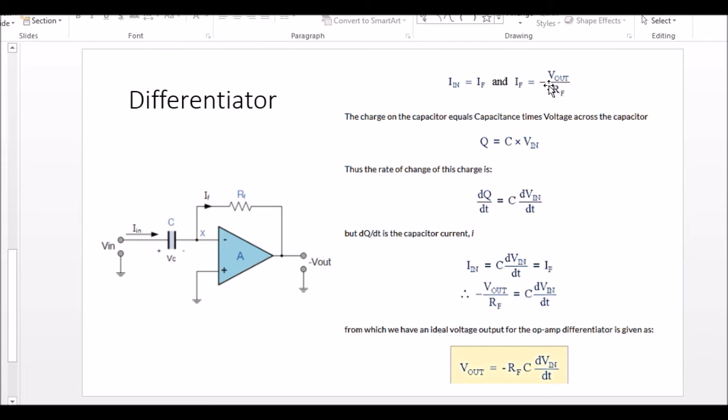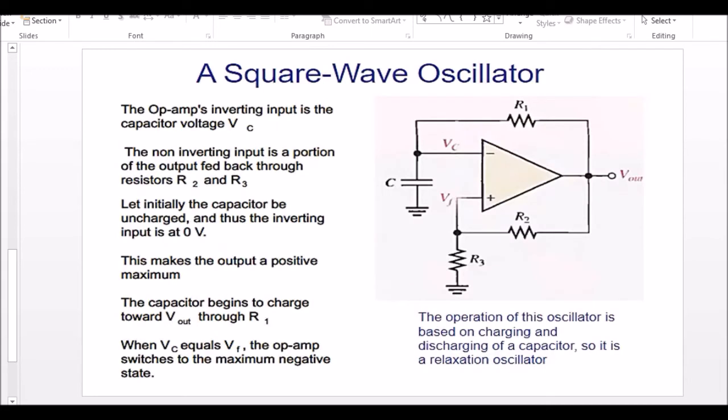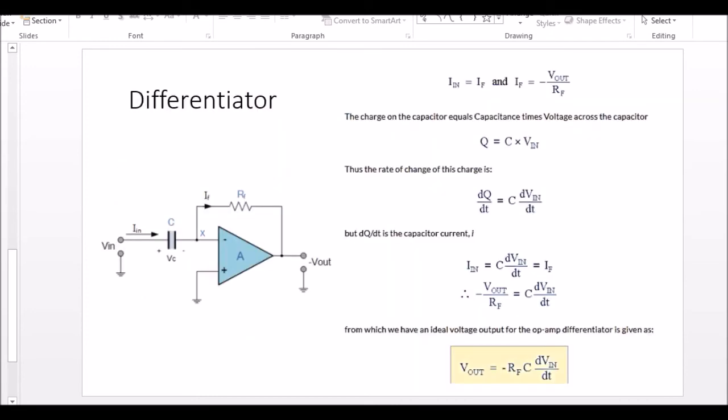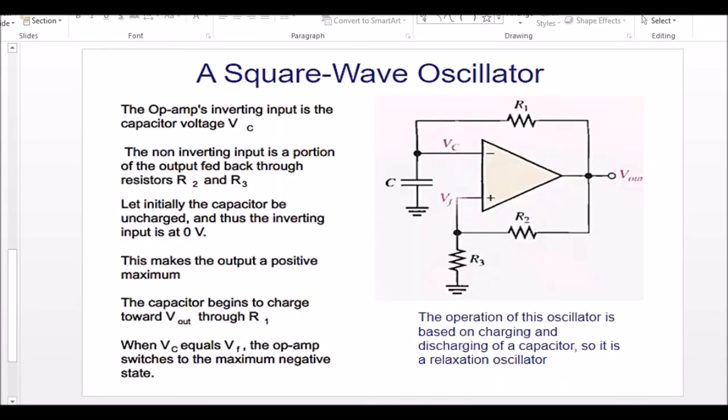So minus Vout divided by RF is equal to C times dVin divided by dt. So you produce a Vout equivalent to minus RF times the differentiation of your input voltage. This is exactly used here in the negative loop. You are using a similar negative loop differentiator circuit.